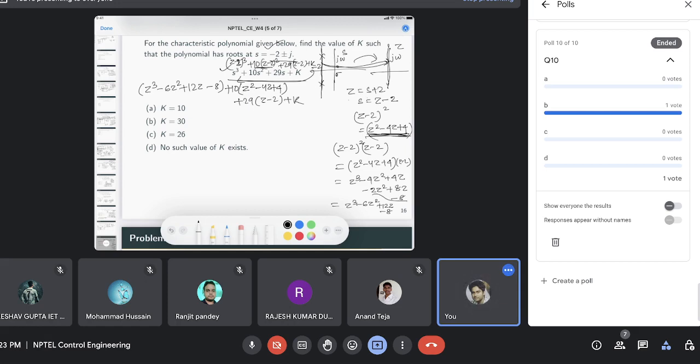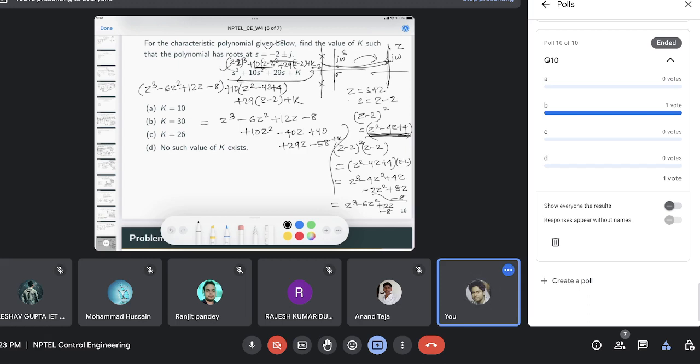So it is z cube minus 6z square plus 12z minus 8 plus 10z square minus 40z plus 40 plus 29z minus 58 plus k, right?